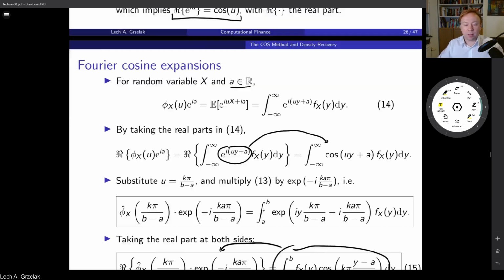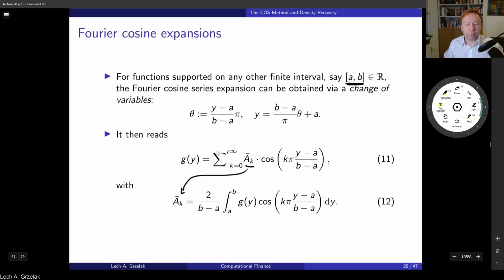So instead of using this integral of g that is necessary to calculate this expansion, we can make use of the characteristic function, because this will be just a function of the real part of some characteristic function scaled with some exponent, right?